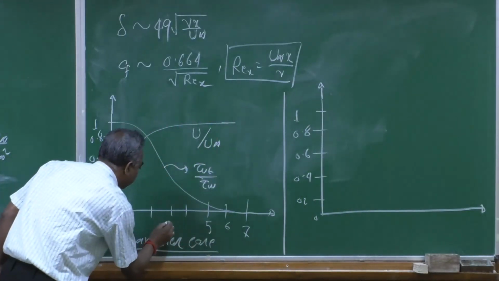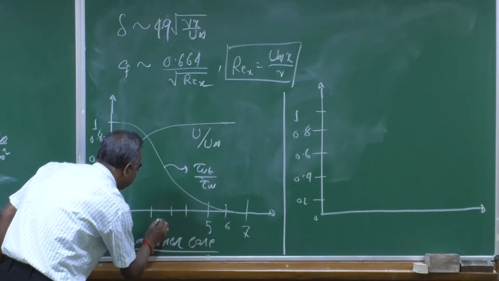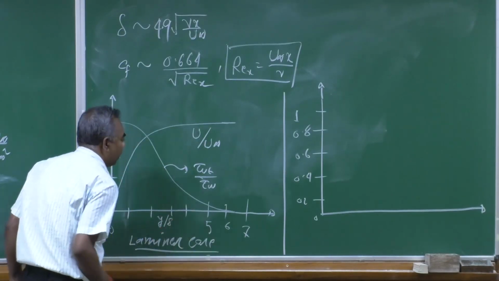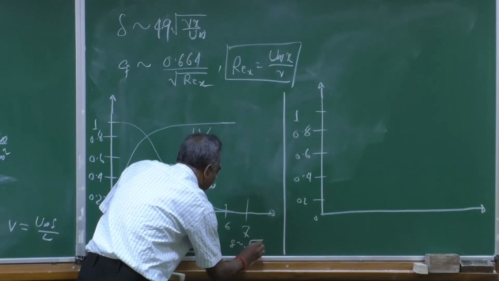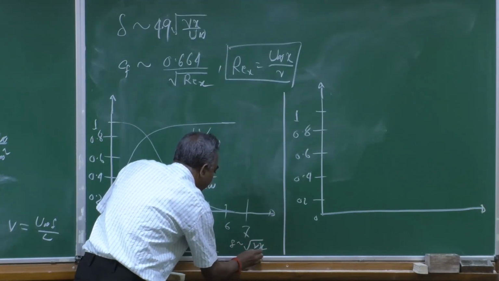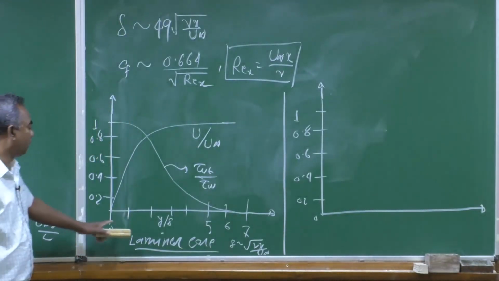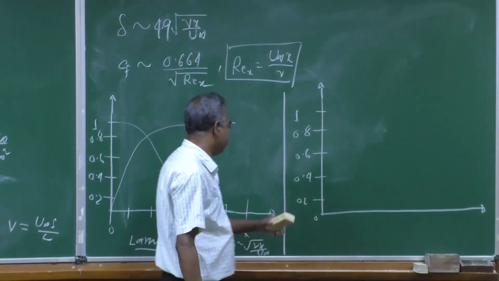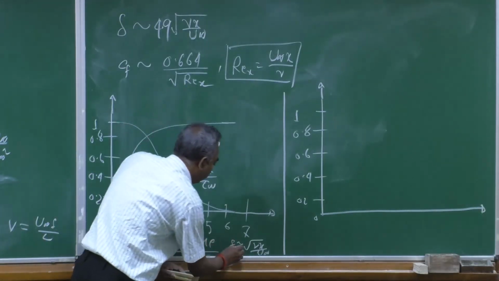Sorry to mention here, it should be the Blasius scale, that is y divided by delta, where delta has been considered here as the square root of nu x by u infinity. That is what delta is in this particular case. So, this is the Blasius scale.